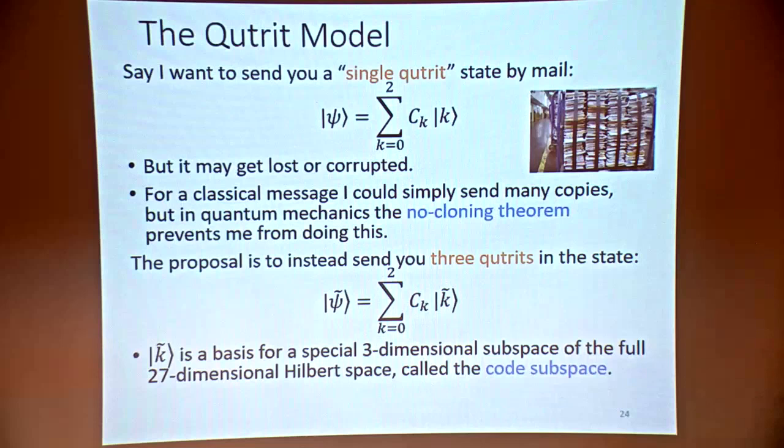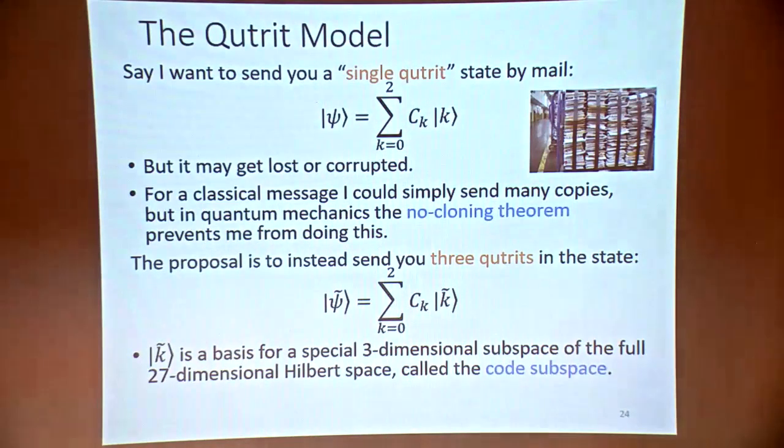So the code subspace is going to be the set of states for which there is a valid message. There is a valid underlying message to be decoded. I'm simply going to define some basis for this code subspace and call it k tilde and encode the state using the same coefficients. So that's the state I'm actually going to send.